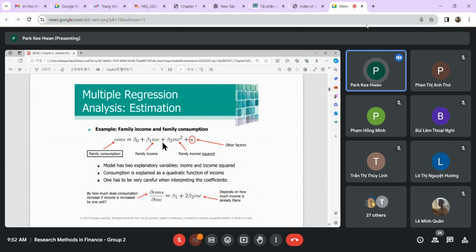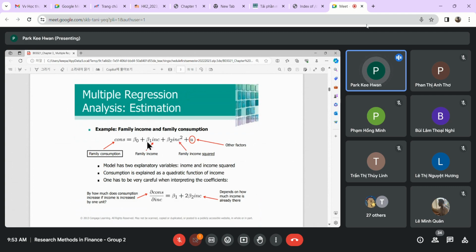Actually, this is the quadratic function, okay? So by having multiple regression, you can have the squared income term as another explanatory variable. And by having the squared income variable in your regression, your model becomes more flexible. It allows for a quadratic function, okay?